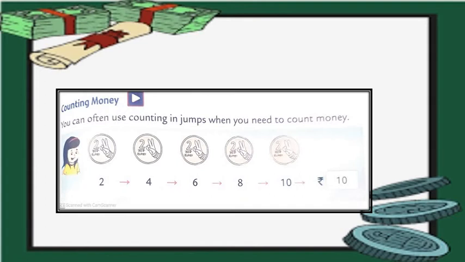You can often use counting in jumps when you need to count money. For example, 2, 4, 6, 8, 10, total 10.